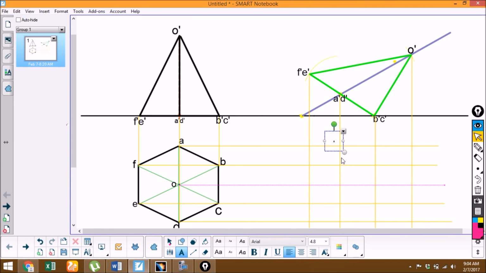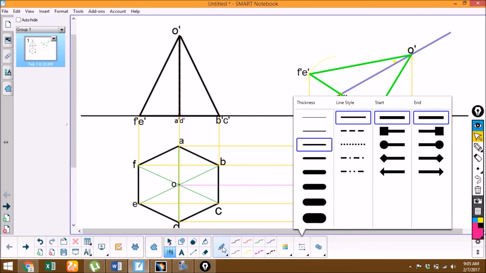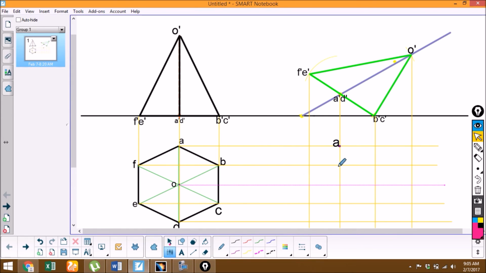We need to identify the corresponding mating points. That is, the vertical line coming from A dash and the horizontal line passing from A of the top view will intersect each other to get A. Similarly B dash and B, then C, D and E, and finally F, and this also the apex.